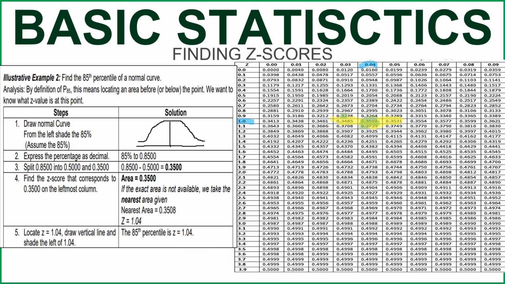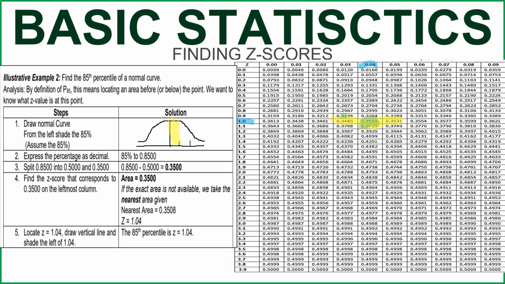Paano natin siya i-draw? So, let's assume this is 1, this is 2, and so on. So, i-shade na natin siya. So, 1.04. Nagpas lang siya ng konti sa 1. Diba? 0.04. Ayan.